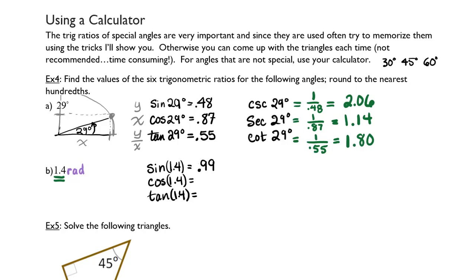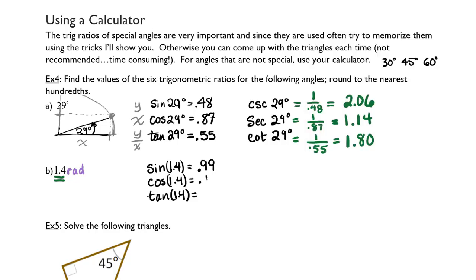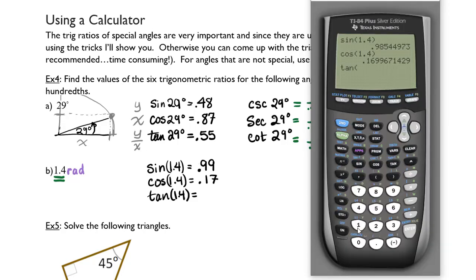Cosine of 1.4 gives me 0.1699, so 0.17. Tangent of 1.4 gives me 5.797, which means I need to round up to 5.80.